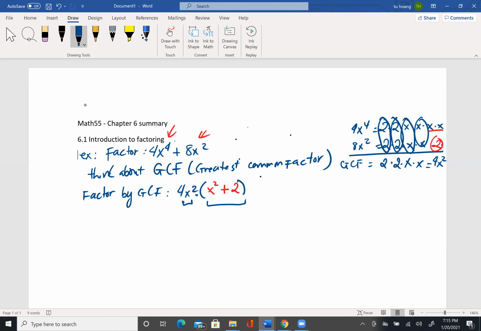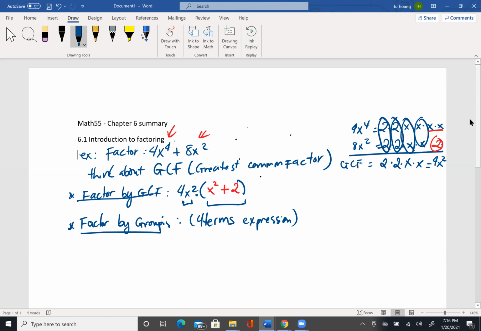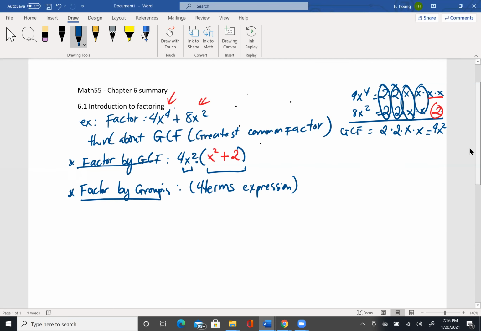Also, another one you should think about is factor by grouping. Okay, if you see a four term expression, then you want to use this method. All right, so let's do an example.